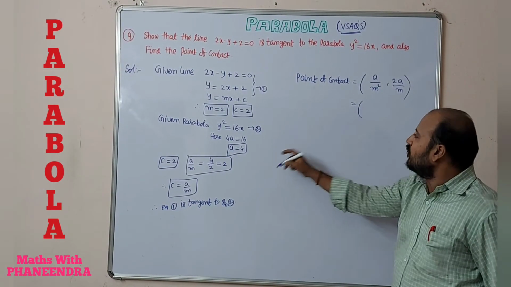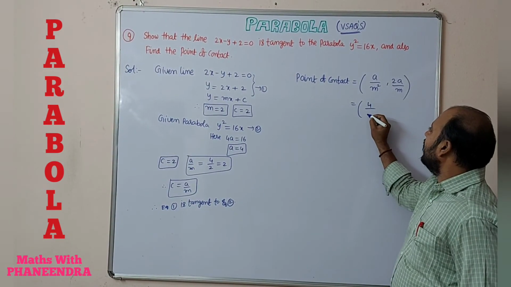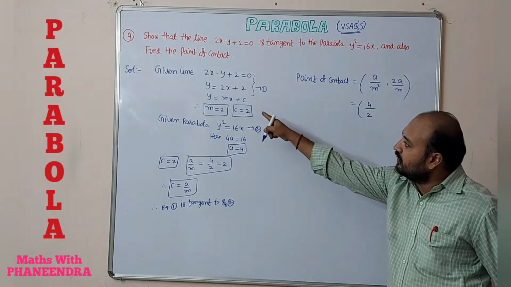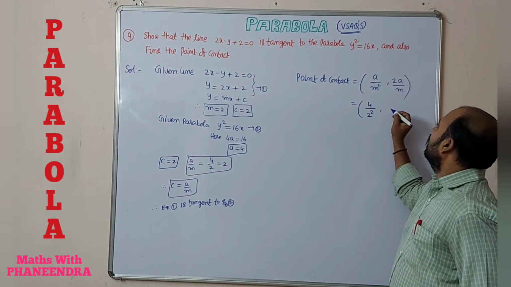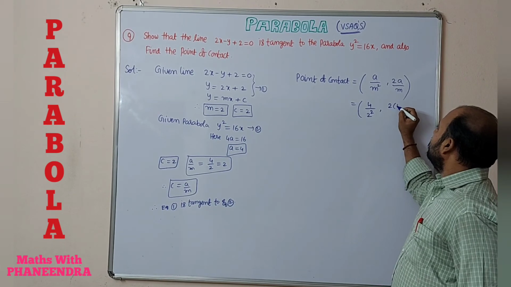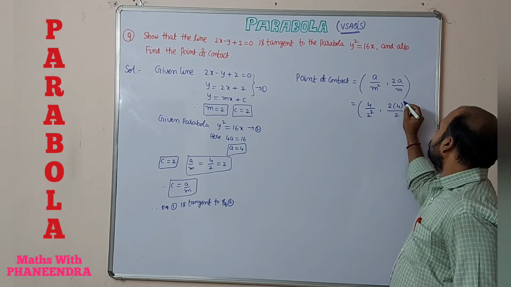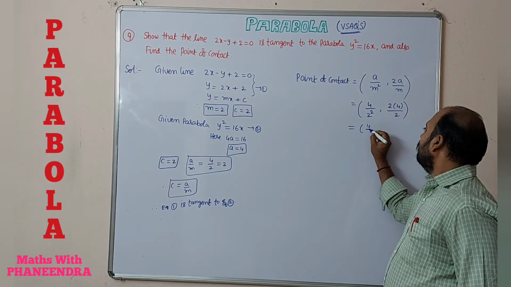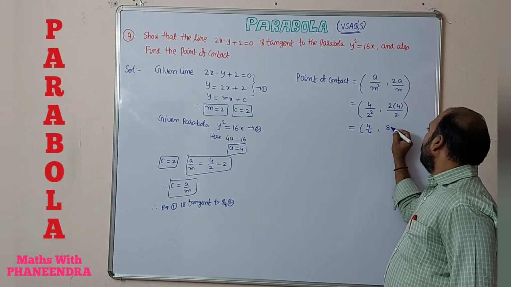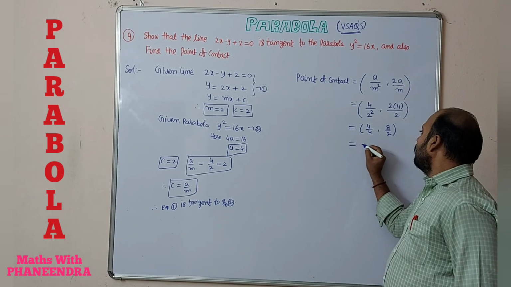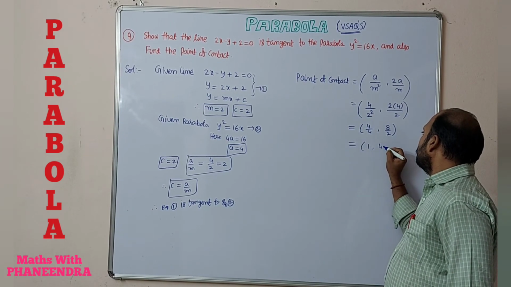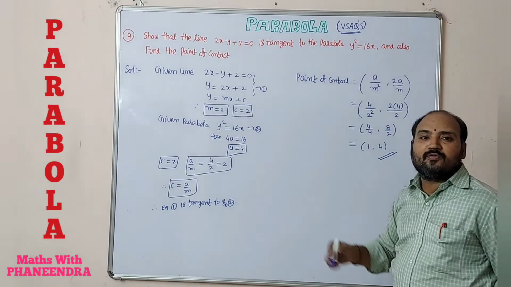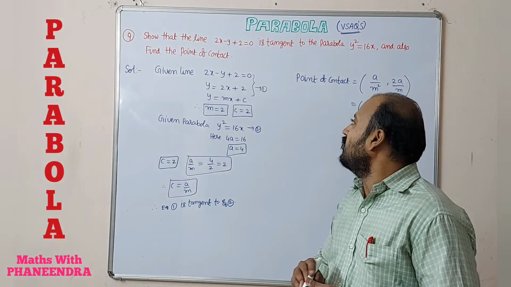So a by m square, 4 by 2 square, m value 2. 2 into a value is 4 divided by m value is 2. So 4 by 4 means 1, 8 by 2 means 4. Therefore, the point of contact is 1, 4.